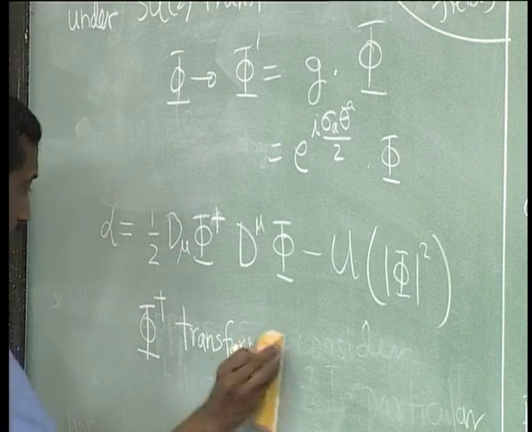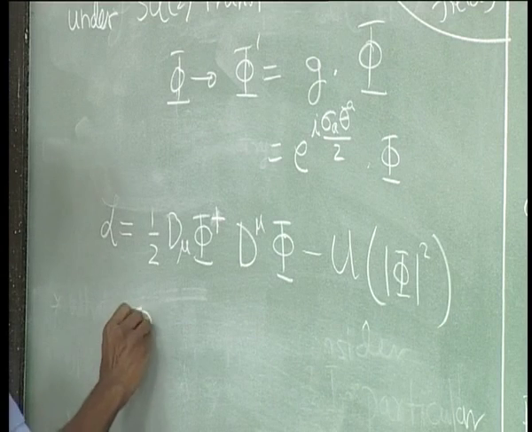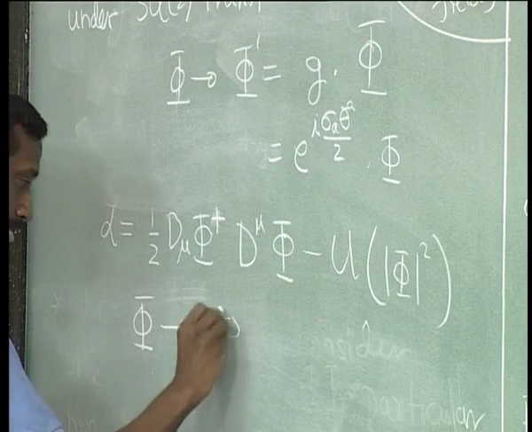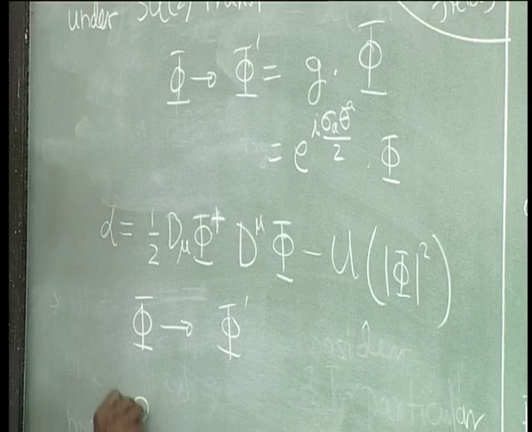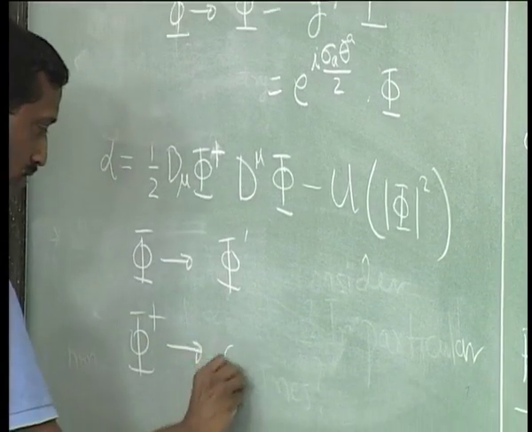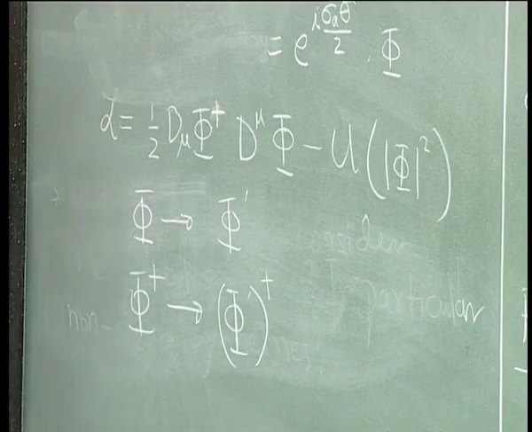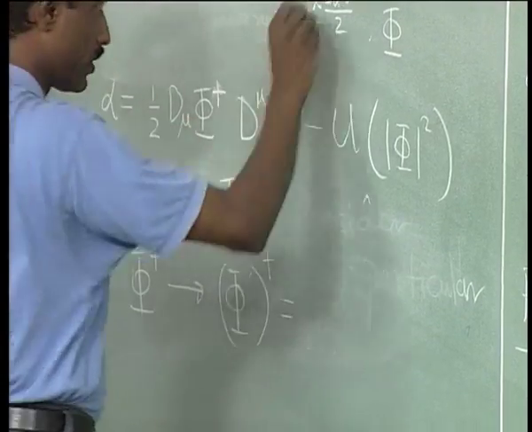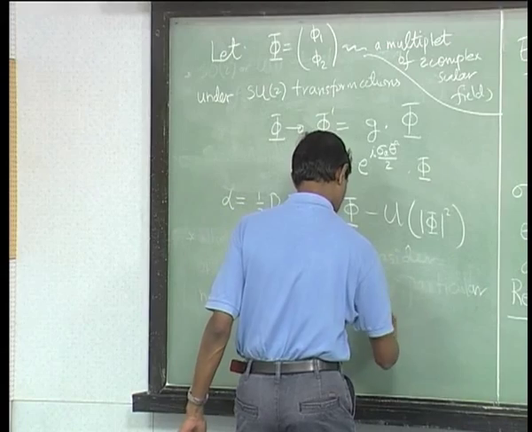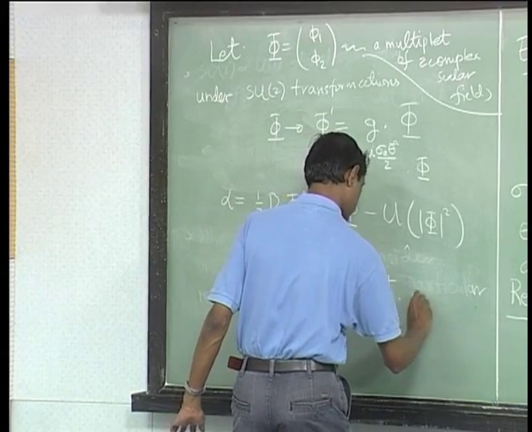So you do it this way. You are given that phi goes to phi prime. So phi dagger should go to phi prime dagger, which will become phi dagger dot G dagger.